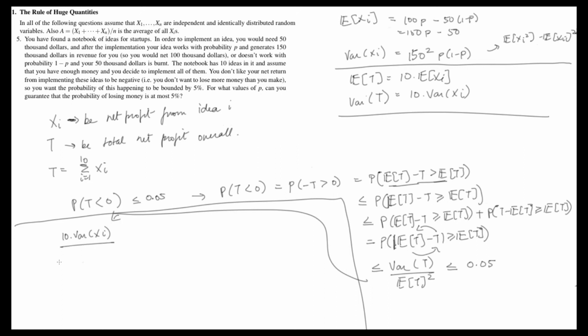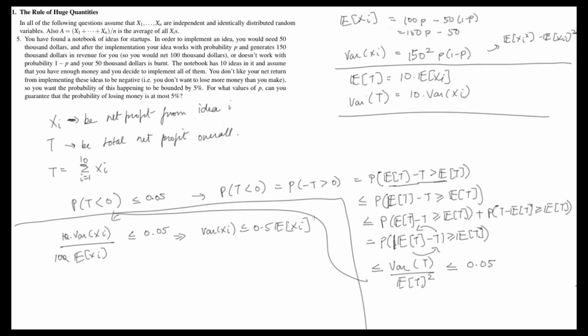And expectation of t is 10 times the expectation of xi. So therefore, with the whole squared, you're going to get 100 at the bottom, times expectation of xi squared. This you want to be less than or equal to 0.05. This implies the 10 gets cancelled, and therefore you want variance of xi to be less than or equal to 0.5 times expectation of xi squared.